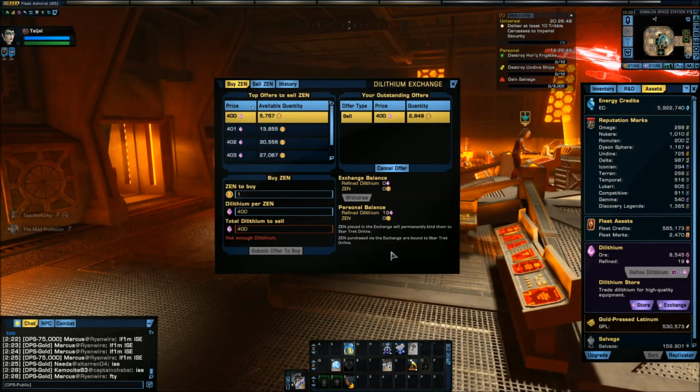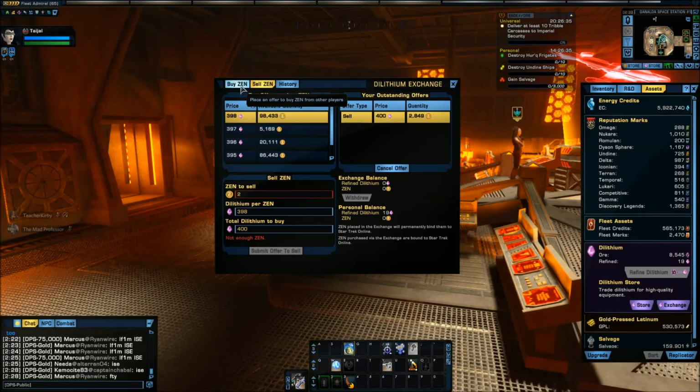Now, it's not going to bust the bank. Okay? Usually, the difference between these prices is 1 dilithium. So you're not going to make a lot normally. 99 out of 100 times, you're going to be making a relatively small amount. Okay?